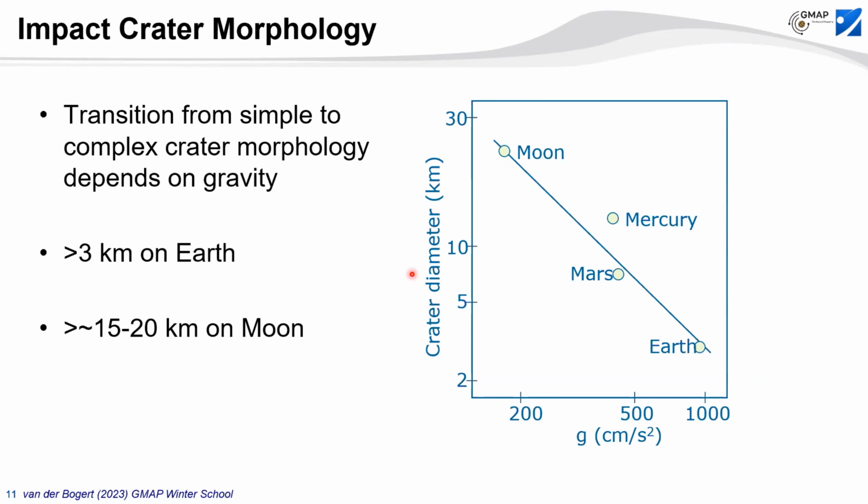So what we can see here's the crater diameter at which the transition from a simple to a complex crater happens, and the gravitational constant for the body.